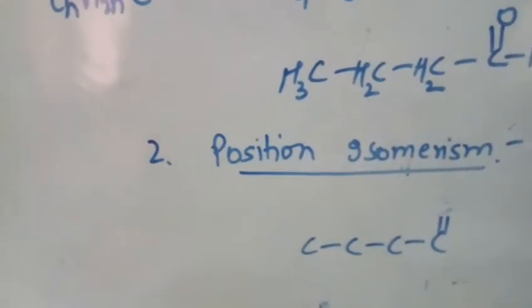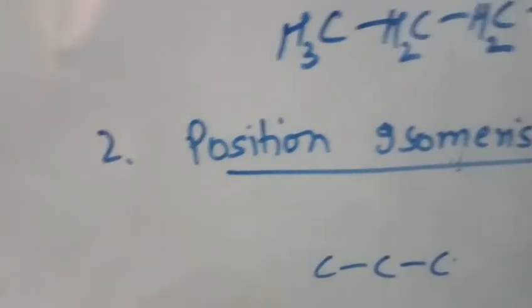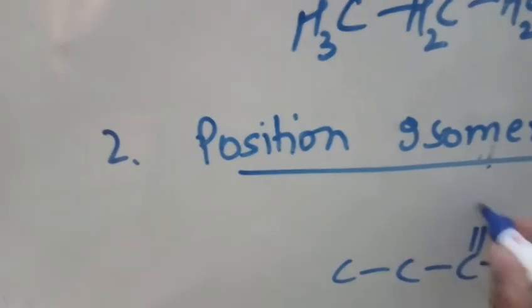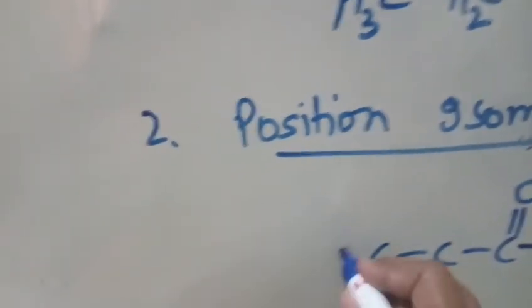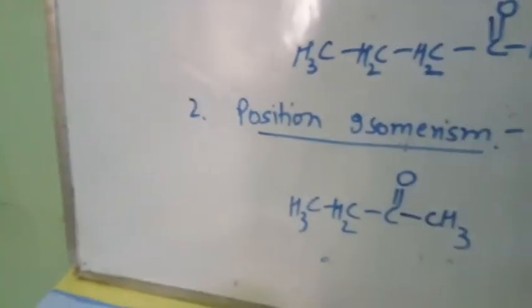So for aldehydes you can't draw a position isomer, but we can draw the position isomer for a ketone, right? So suppose this is your first isomer.